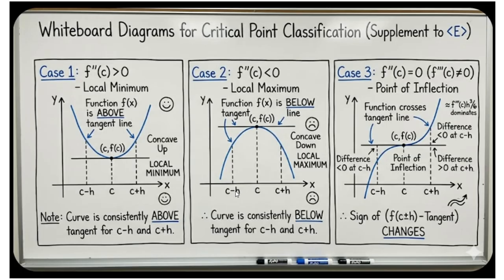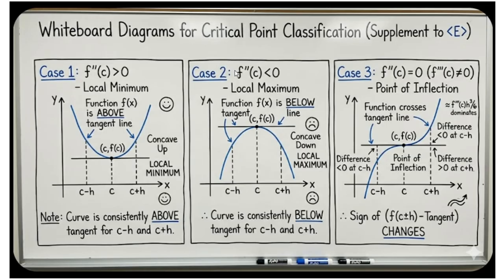Even though h is negative here, h square becomes positive, but f double dash of c is negative, so the difference is negative, and the curve is below the tangent. On the right side also the curve is below the tangent, because f double dash of c is negative and h square is positive, and negative into positive gives negative.